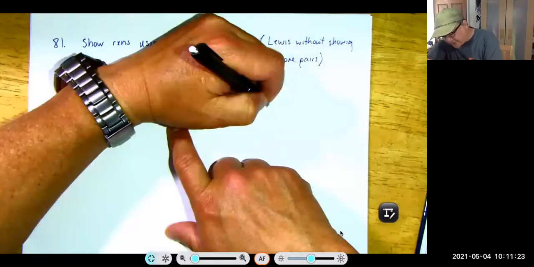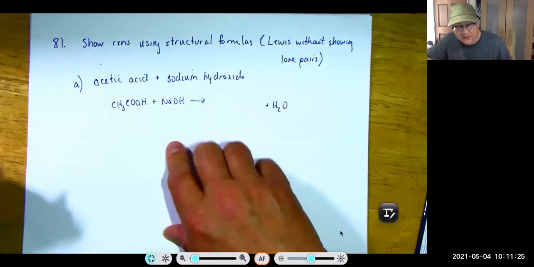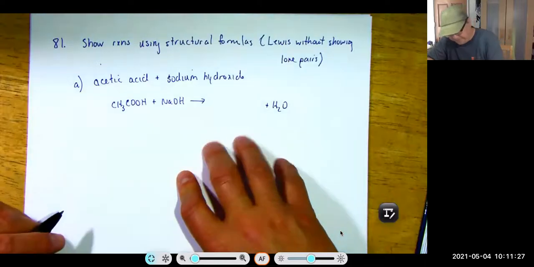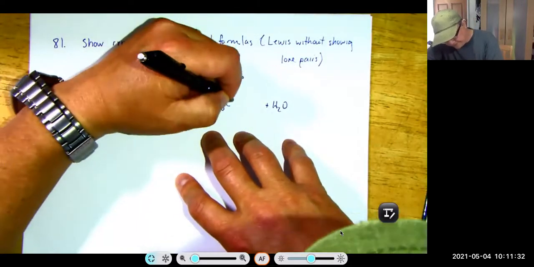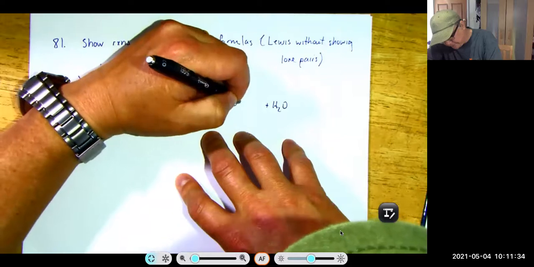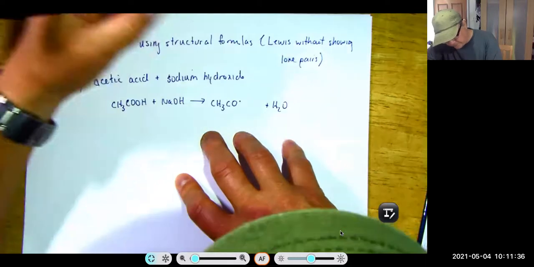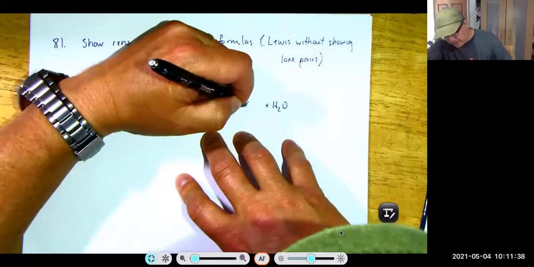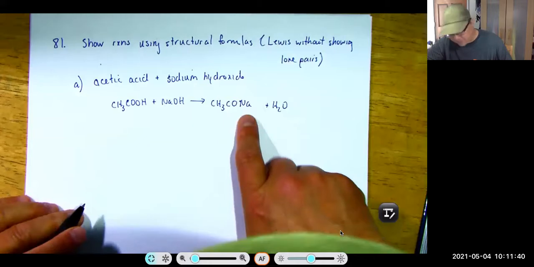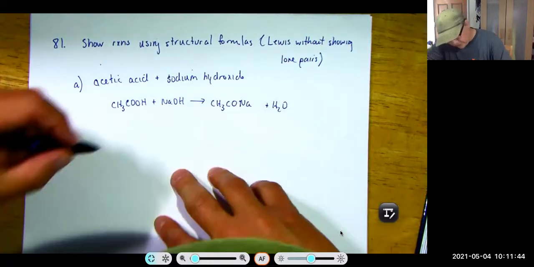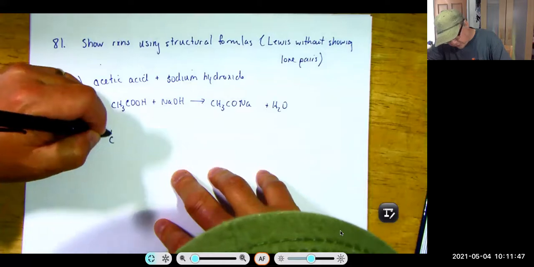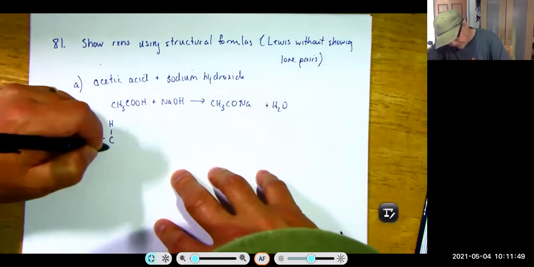So this is an acid plus a base make a salt and water. Here is the salt. Now, normally you write the sodium at the front for an ionic compound. So here are the structural formulas of each of these.